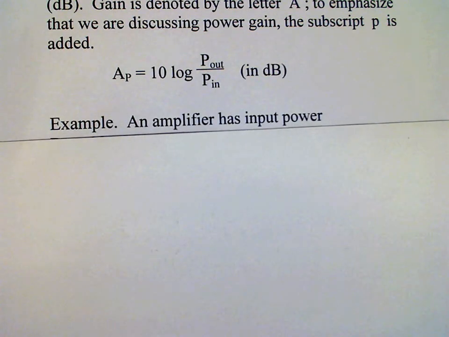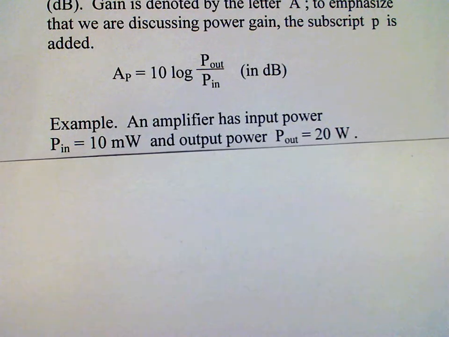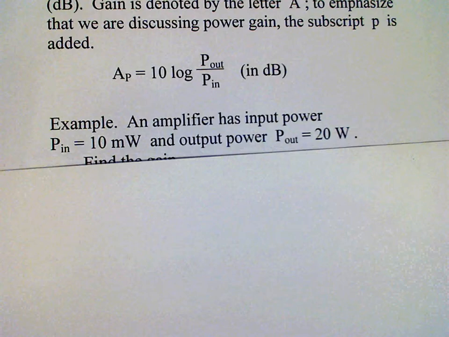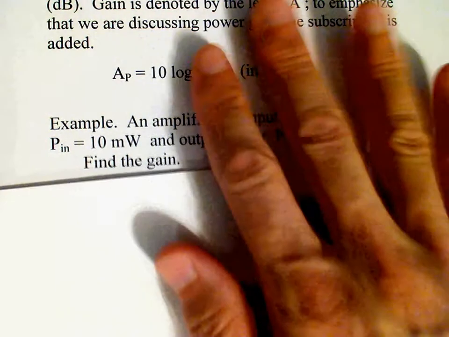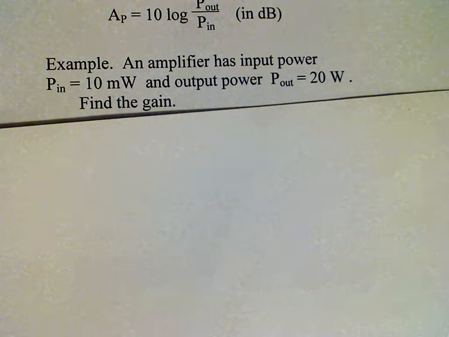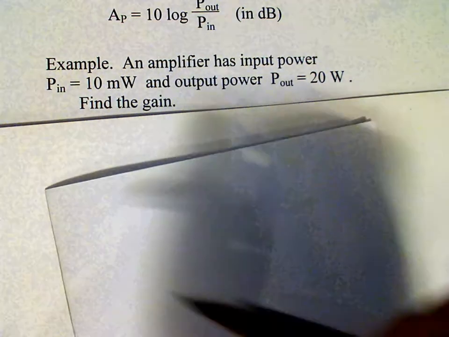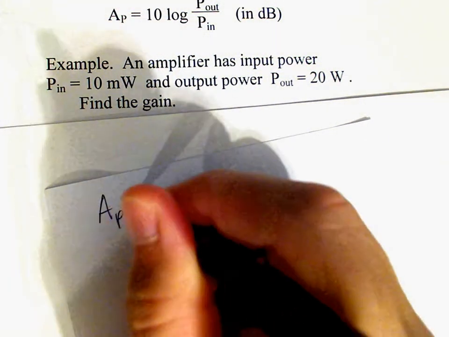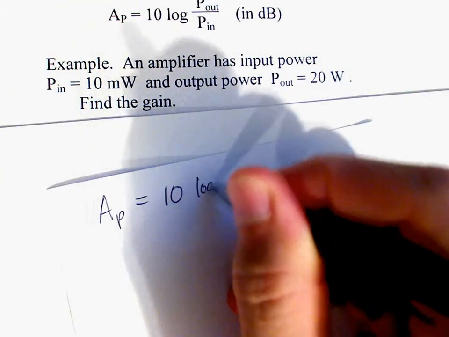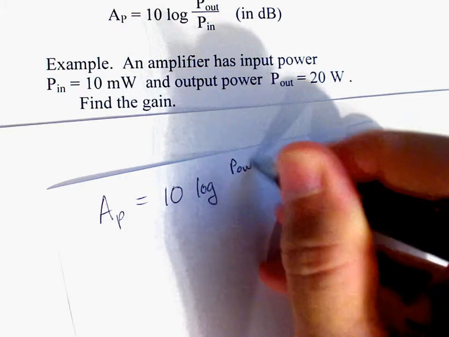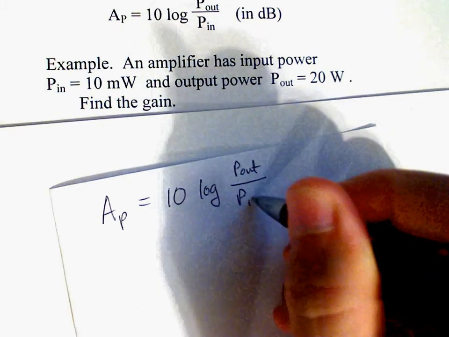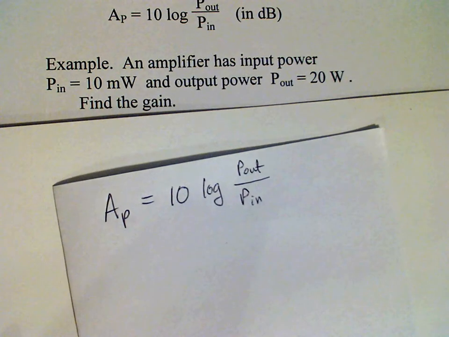Okay, so for example, an amplifier has input power 10 milliwatts and output power 20 watts. Find the gain. Okay, so we have A_P is equal to 10 log P out divided by P in.